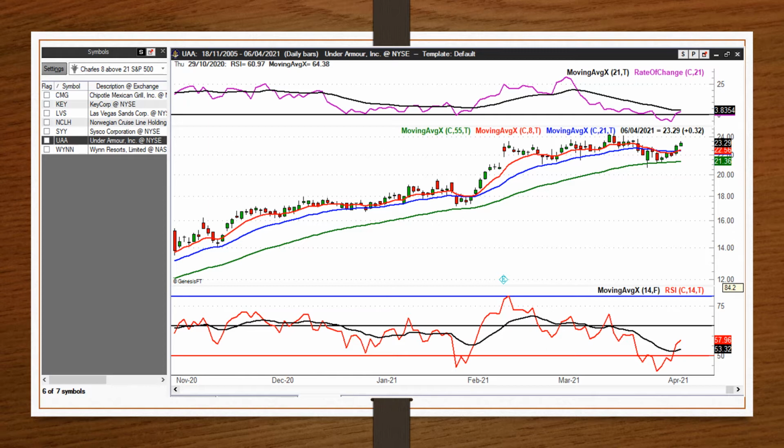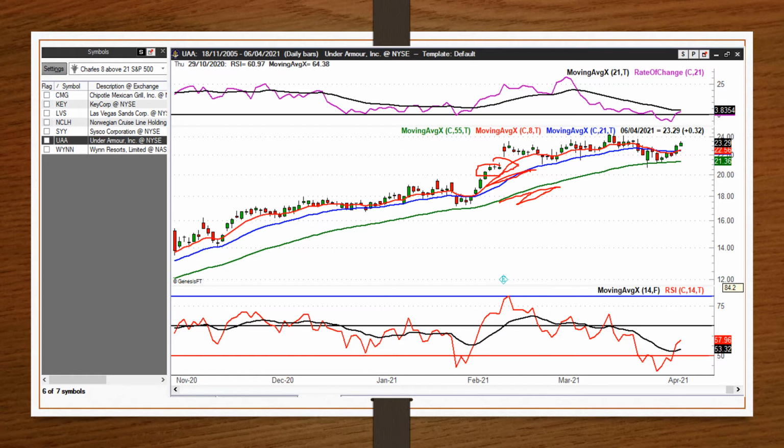And just in broad strokes, the blue moving average, this one here, which is a 21 moving average, is above the 55, which is the green, and that dictates our trend for us. This is an uptrend, and then I want the price, or the red moving average, which is an 8, to have crossed above the blue. That is a buy for me, assuming a couple of other conditions that I'm going to tell you about in a minute.